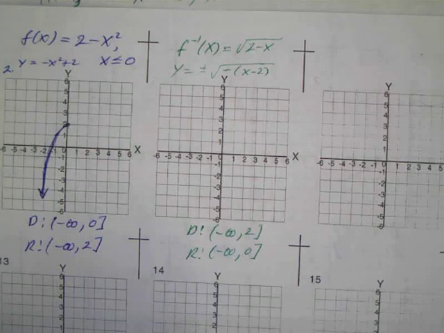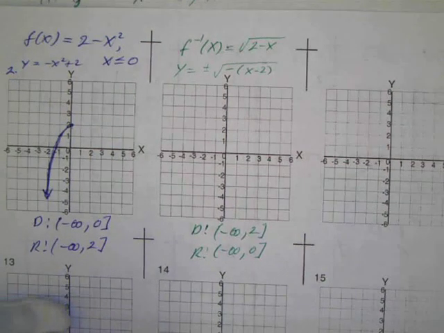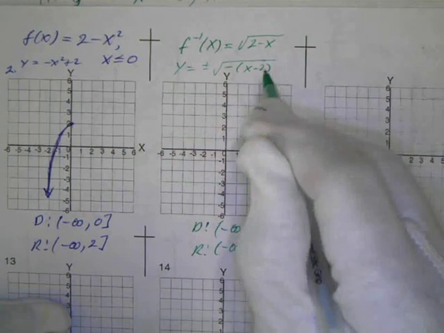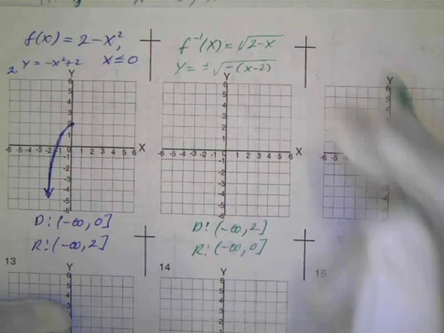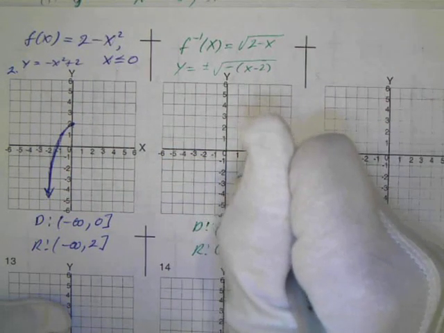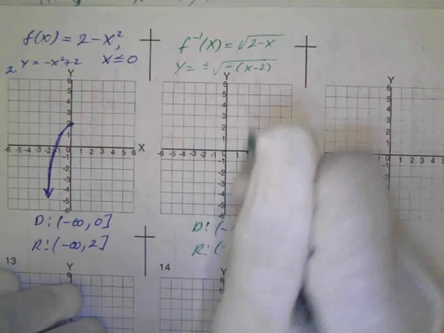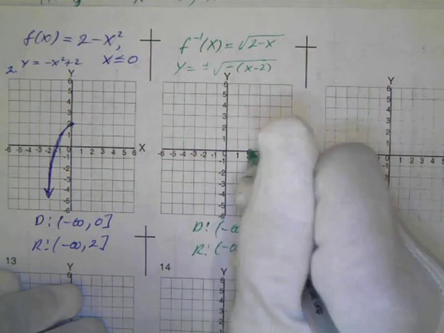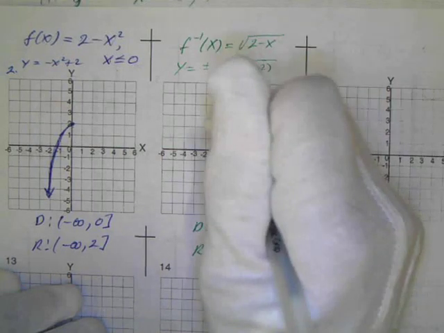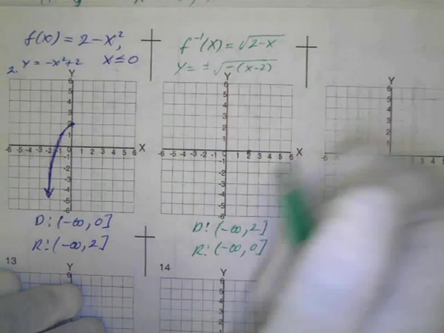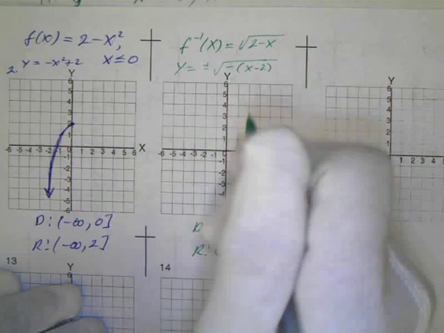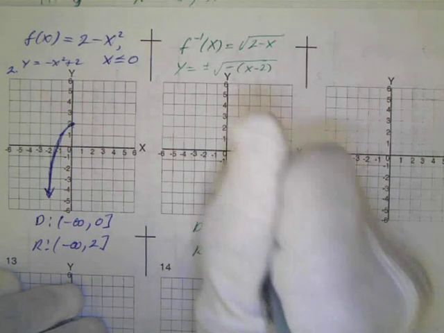So we have to go back to our parent function, so hopefully you remember how to do your parent functions. So this is going to have a shift of 2 to the right. And plus will be on the top, and it's going to go to the left because it's got this negative, so it's flipped relative to the horizontal axis, so it's going to go like this.